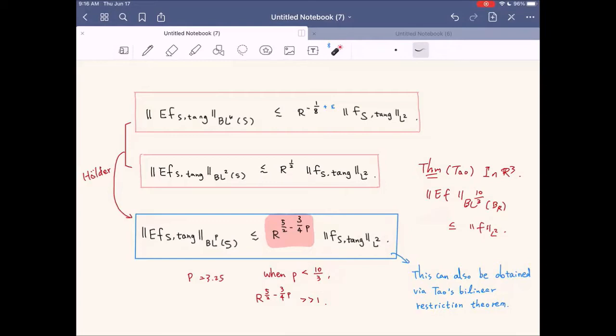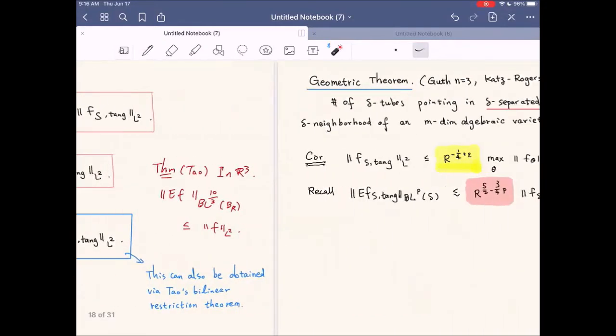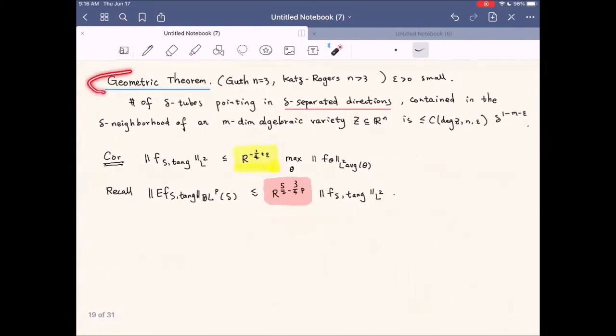When P is smaller, the estimate is better, and this quantity will be way larger than 1. So this is the loss we have, but we also need something that helps us. This is where we apply the geometric theorem.